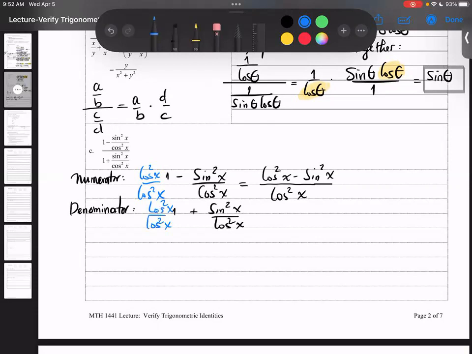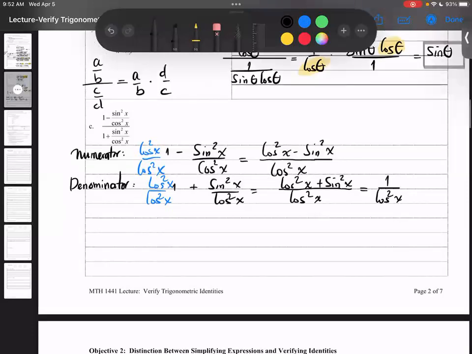Now I have a common denominator. I can add the top, and the top is equal to 1, right? All right, one fraction on the top, one fraction on the bottom.